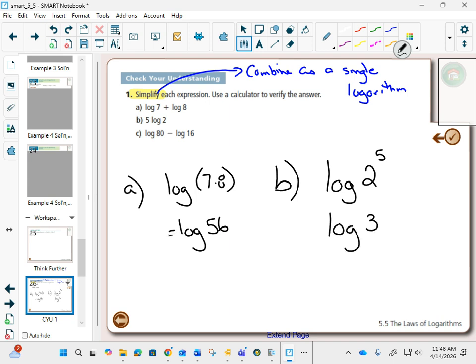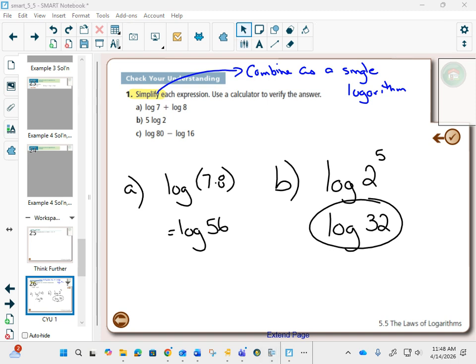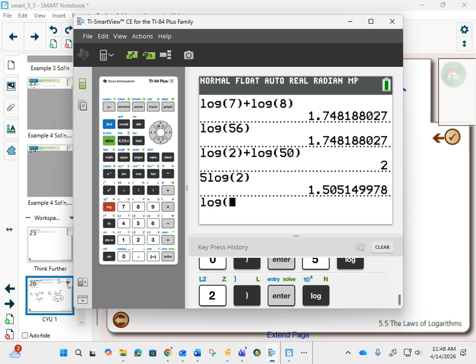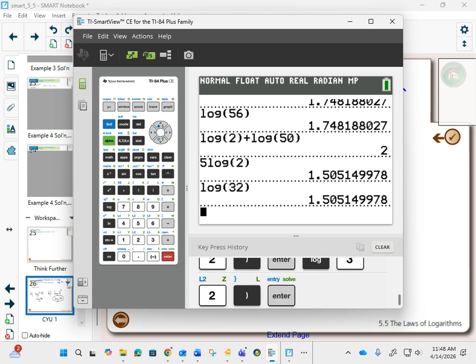It's on our powers chart, that's 32. There's our answer, and we can double check with our calculator. Is 5 log 2 the same as log of 32? It is. 10 to the 1.50511149978 happens to be 32.